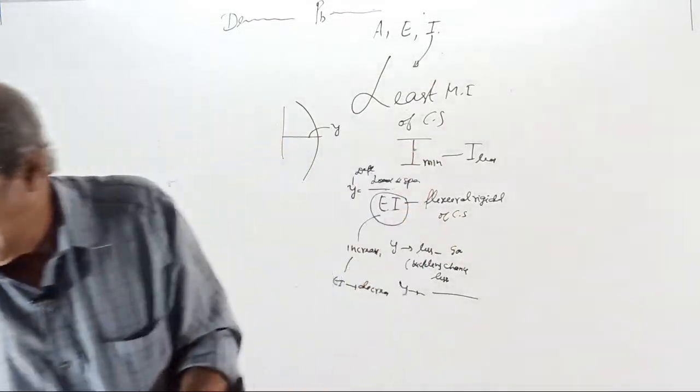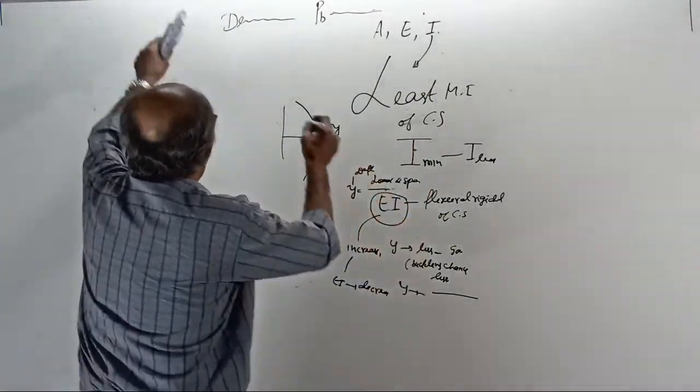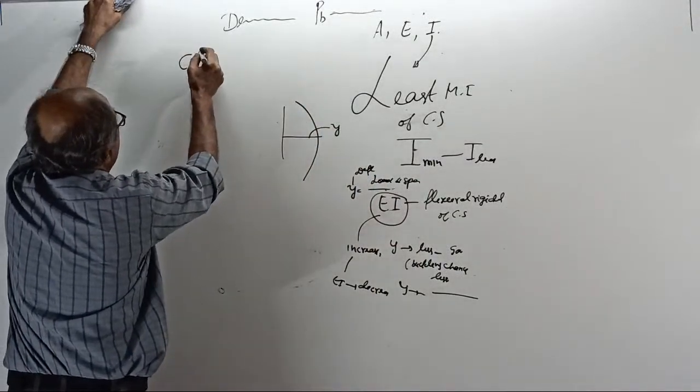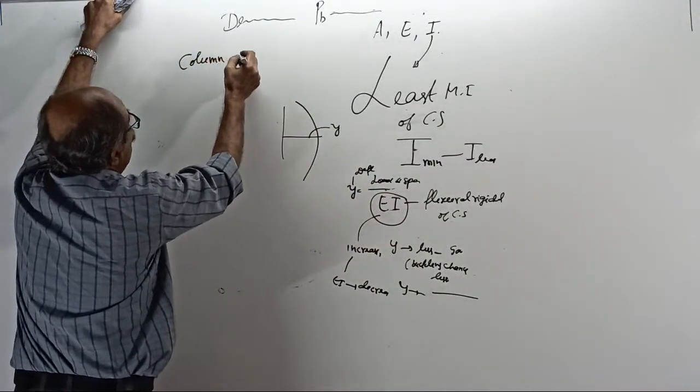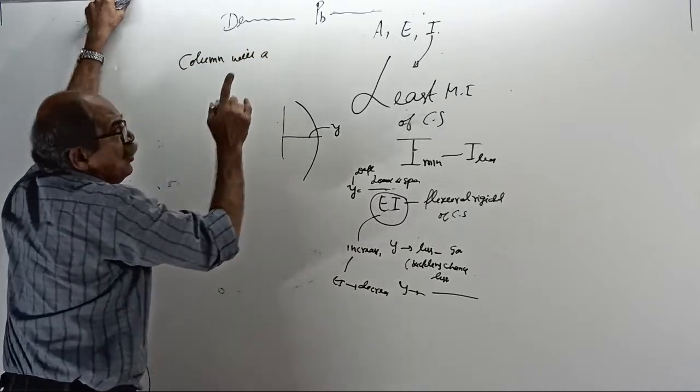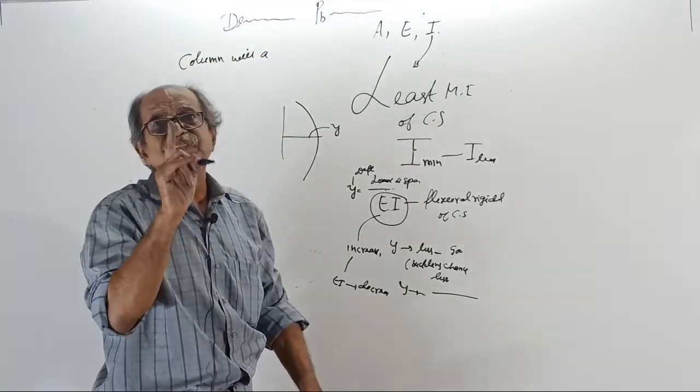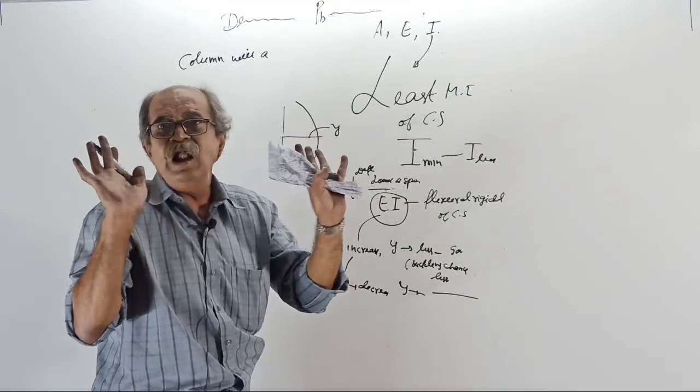In simple language, the column will always buckle, as I told you, when the effective length is the same with respect to all the axes.